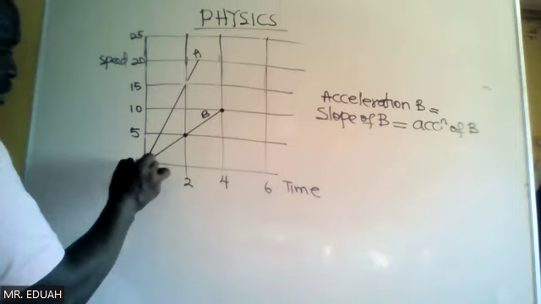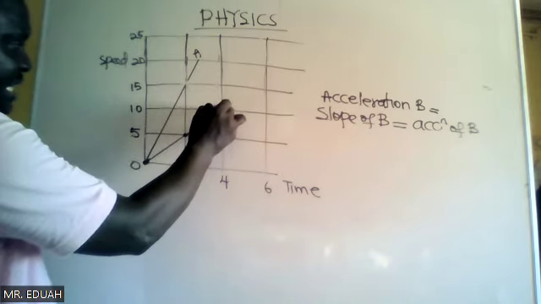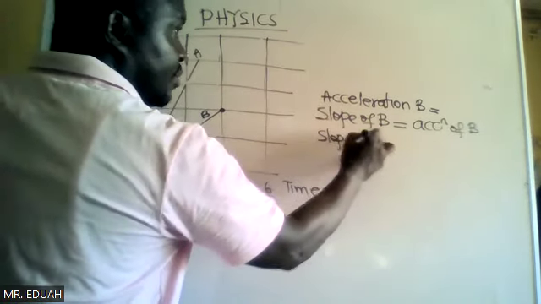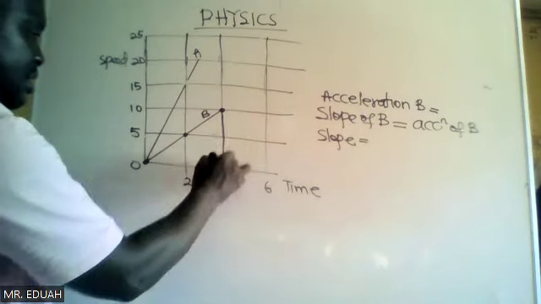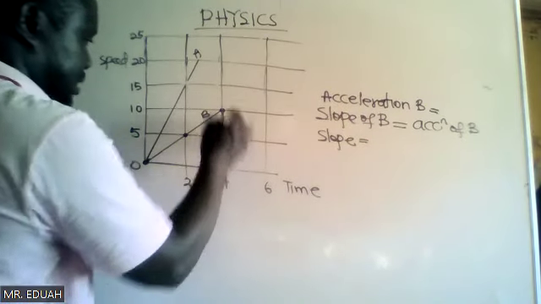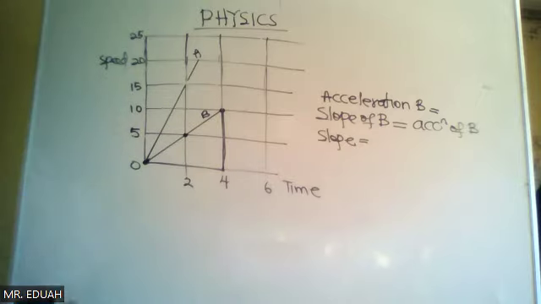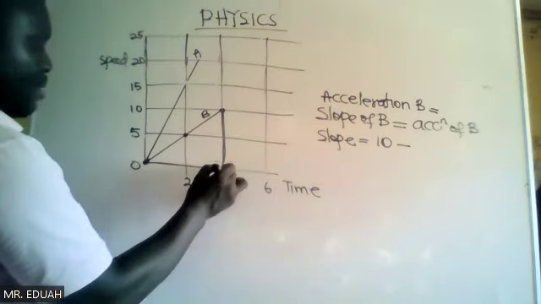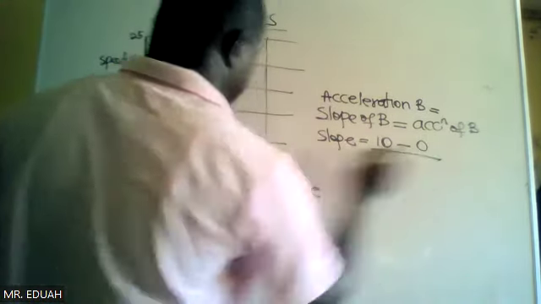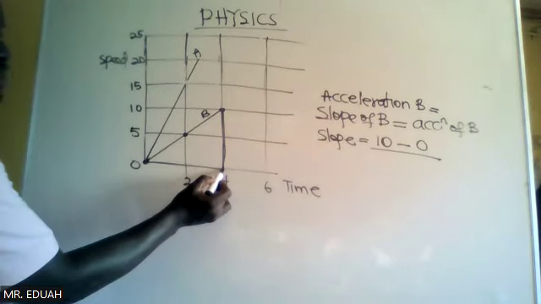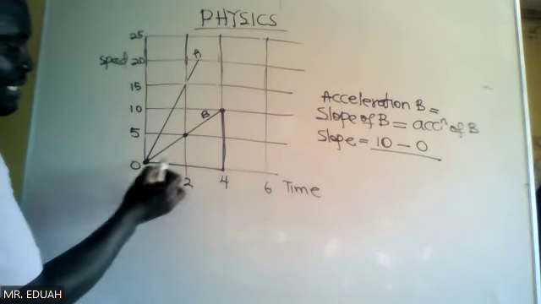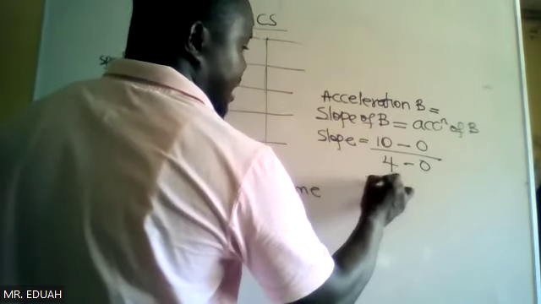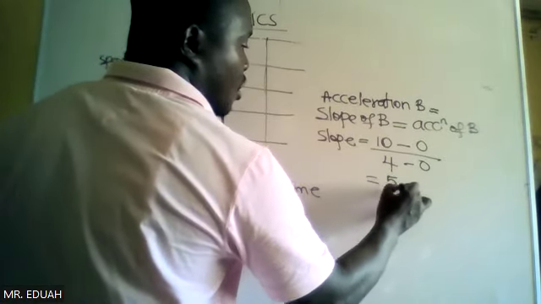So if I'm picking this and this, slope will be equal to the change in the vertical over the change in the horizontal. So what's the change in the vertical? Maximum value 10 minus the minimum value 0 over change in the horizontal. Maximum time minus the minimum time. So 4 minus 0. So I have 5 on 2.